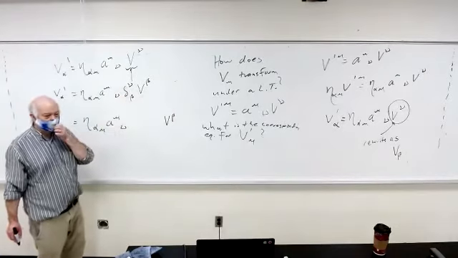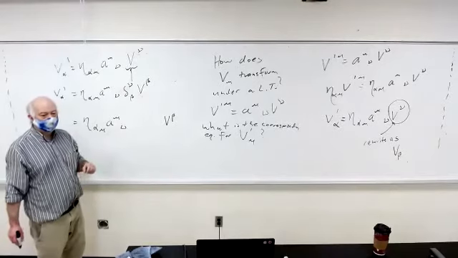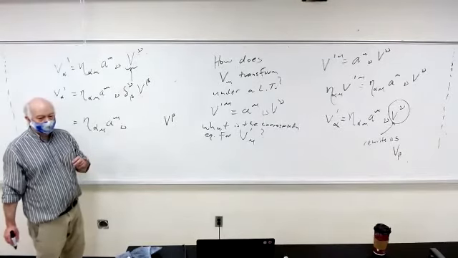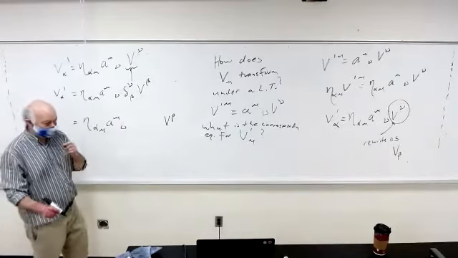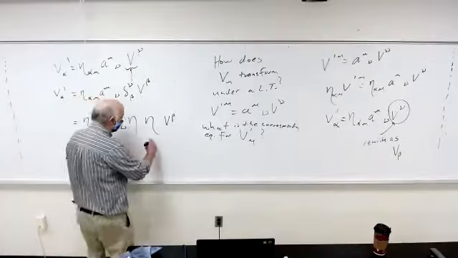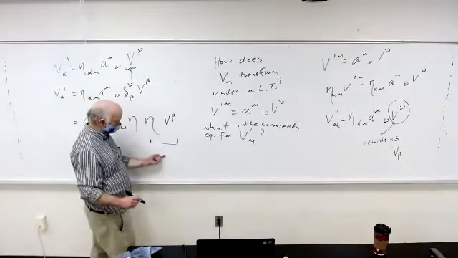What was it? The 2 etas. Yes, we have to have the etas here. Now I want this to be a lower index, right?